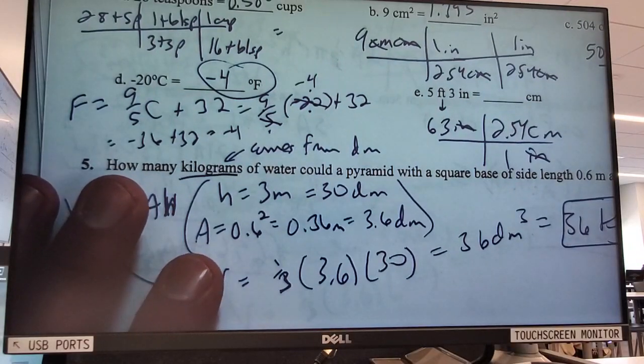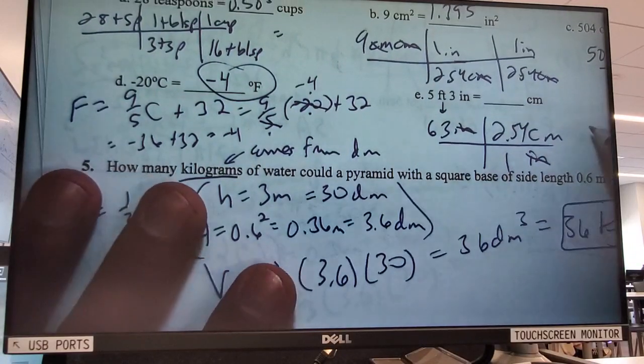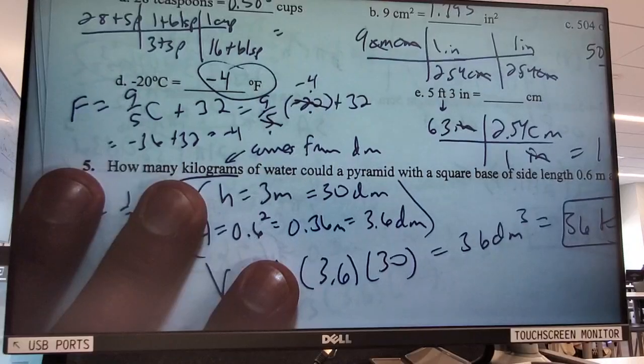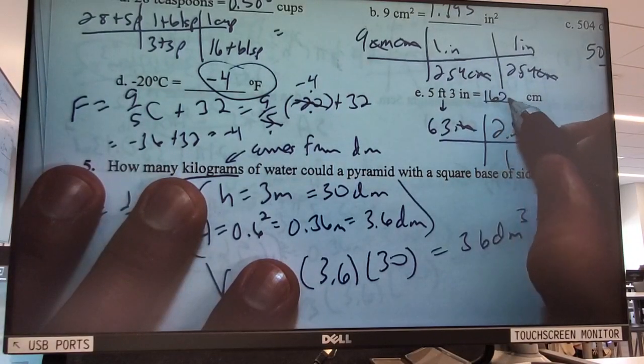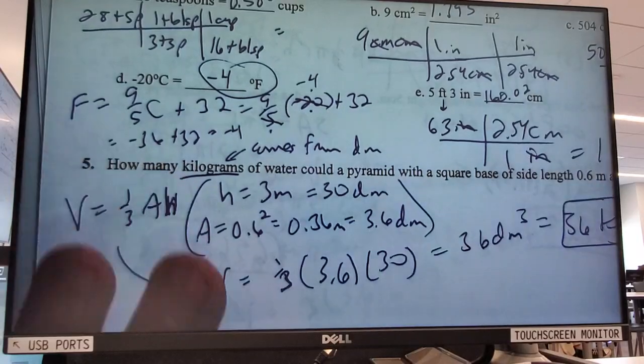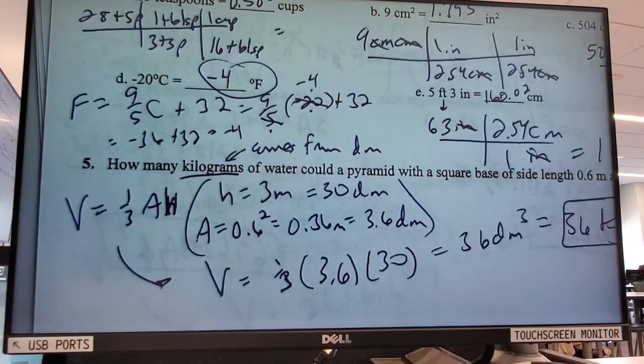Let's see, 160.02. I'll try to remember on the test to say round answers to the hundredth place where appropriate. So if your answer is 7, put 7.00. So where appropriate, round to the hundredth place.